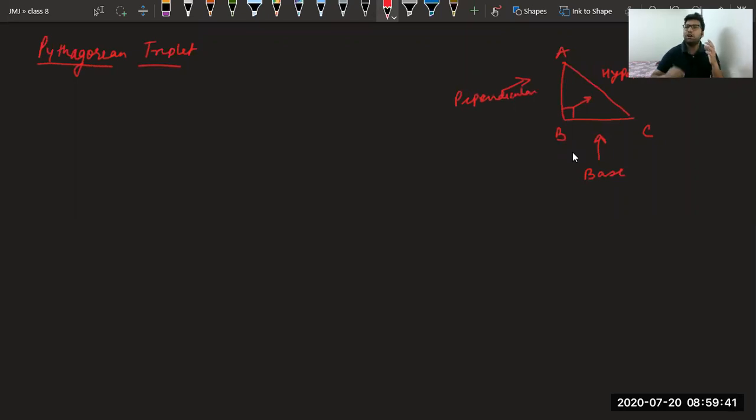Okay, so we have understood what is a hypotenuse, what is a perpendicular, what is a base. After that, we have to understand what is Pythagoras theorem. Pythagoras theorem is very simple. It is a relation between hypotenuse, perpendicular and base, and it says hypotenuse square is equal to perpendicular square plus base square.